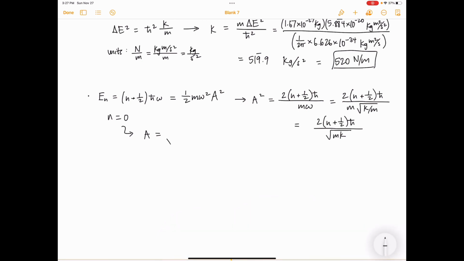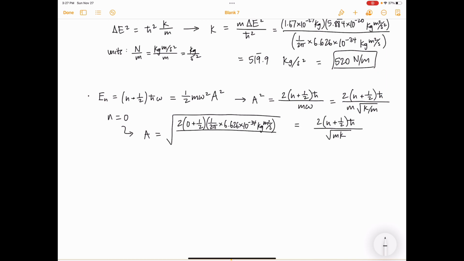So we have the square root of 2 times 0 plus a half. And then we have h bar, where h bar is 1 over 2 pi times h, which is 6.626 times 10 to the minus 34. And the units are the same as before, kilograms, meters squared per second.